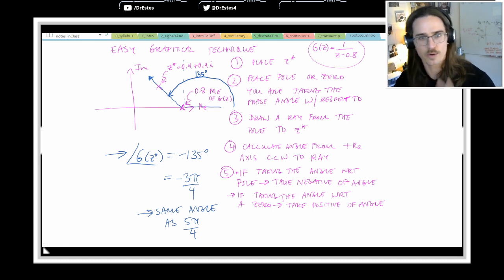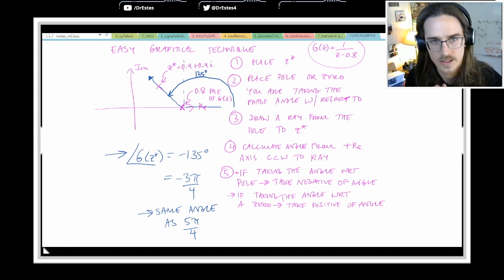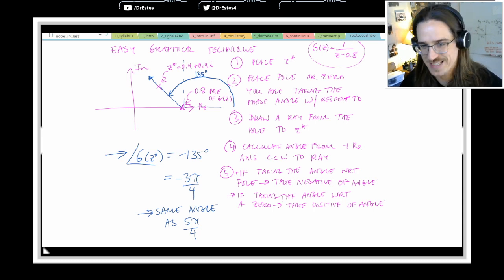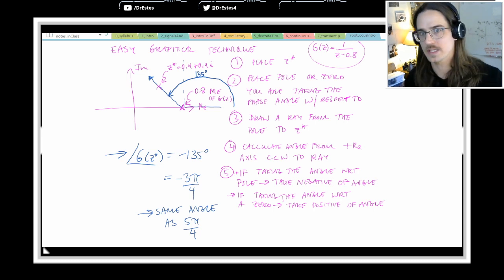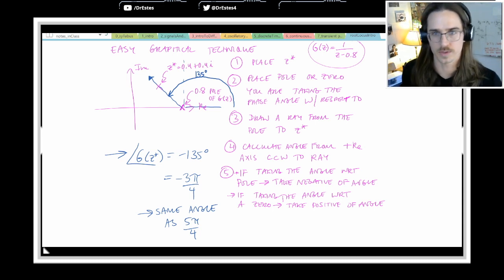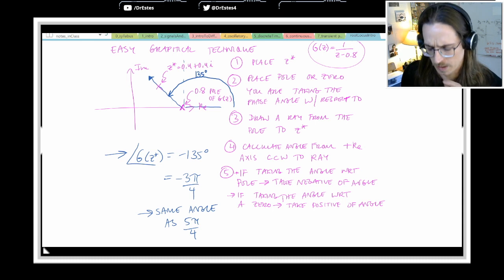So I know I'm not motivating this third technique as convincingly at this point, but you'll see even in this example that this becomes a useful way of getting the angle. And we'll even write some code to do this in MATLAB and automate it.